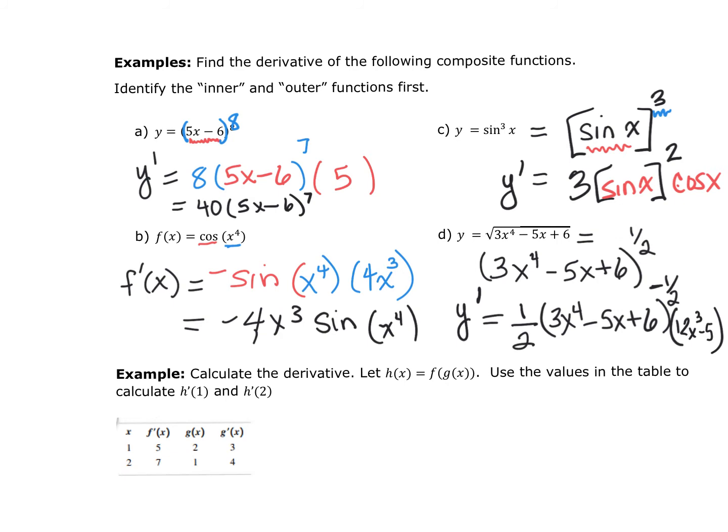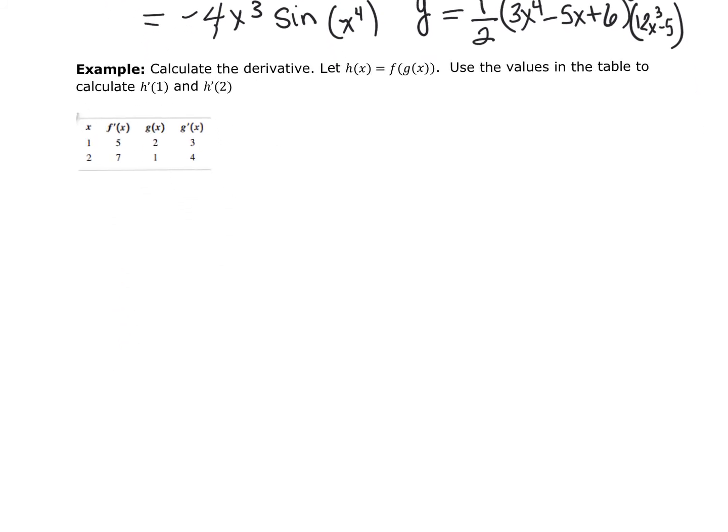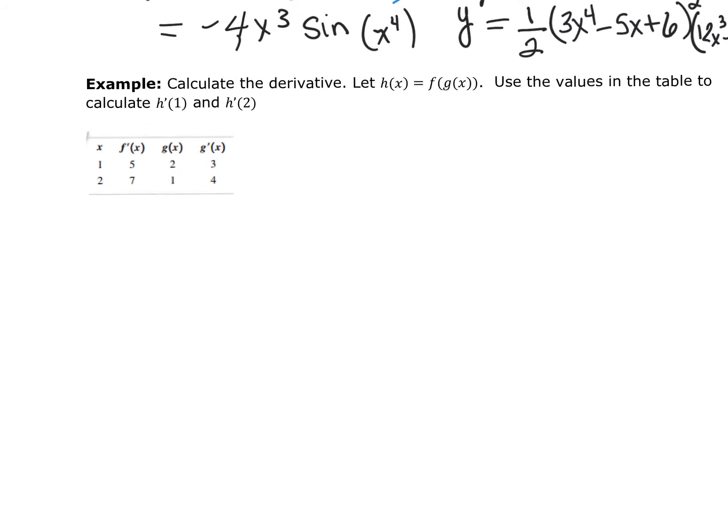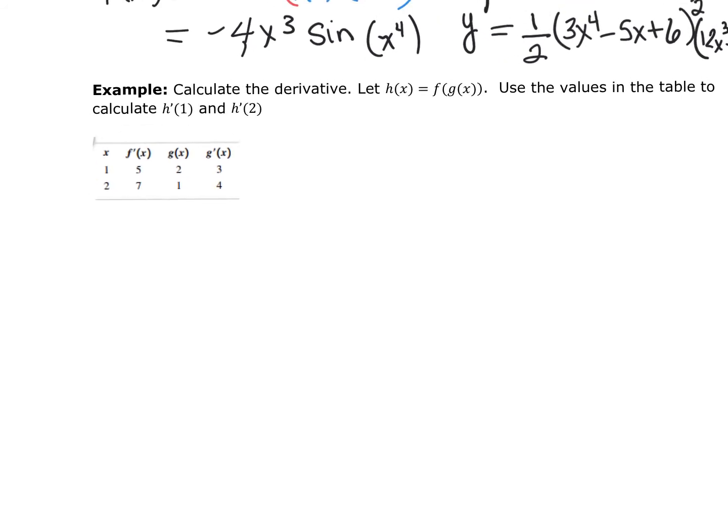Okay, for our last example, we've got a table of values here, and we've got a function, h of x, which is a composition, f of g of x, and we want to find h prime of 1 and h prime of 2.